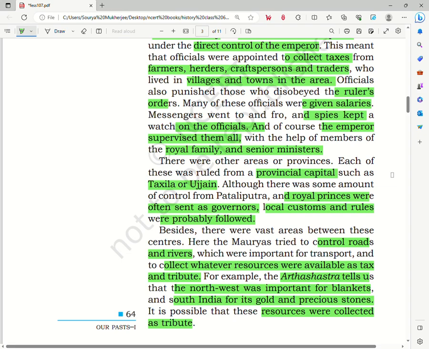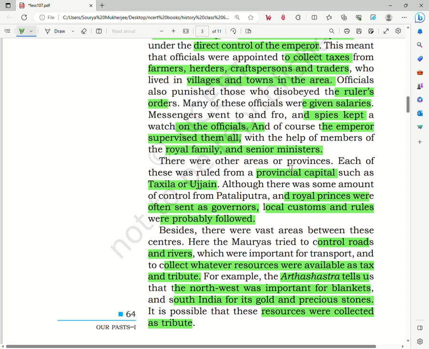So we see that these provincial governors used to rule the area from these capitals, and other than the overall control of the emperor from the capital Pataliputra, these governors were more or less independent to run their region according to how they saw, but keeping under the rules of the emperor.